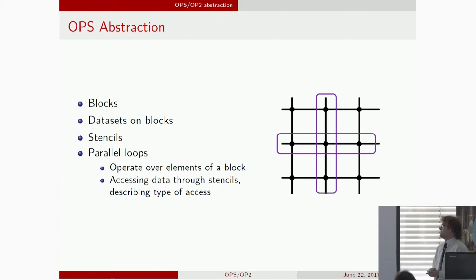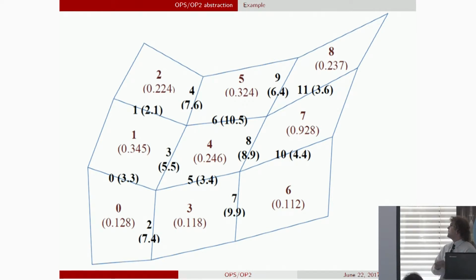The OPS has a very similar abstraction. Instead of sets, we use blocks, and instead of mappings, we have stencils which describe how we access the data of the neighboring cells. And basically, it gets the same usage.